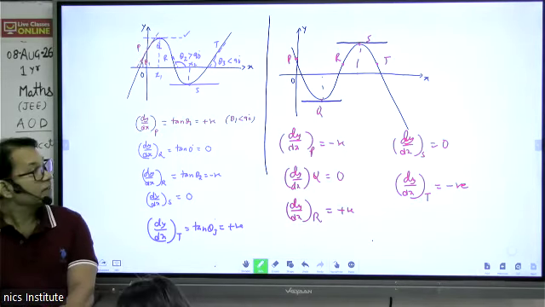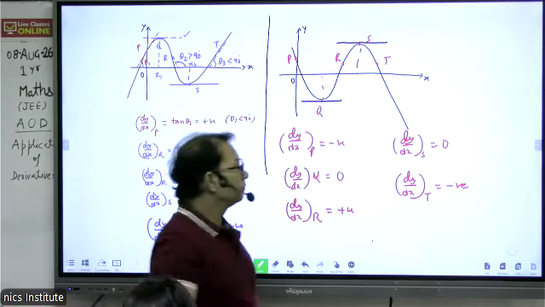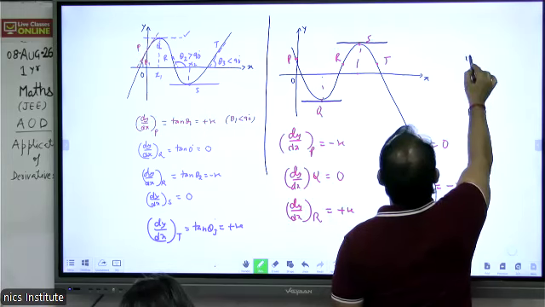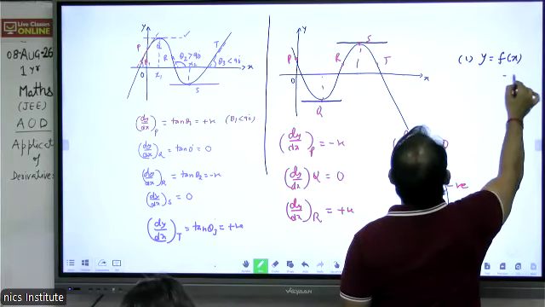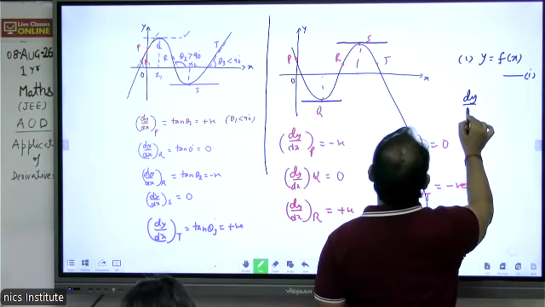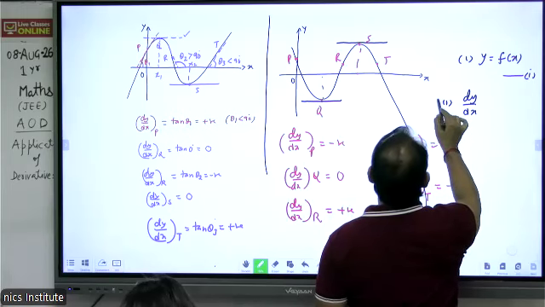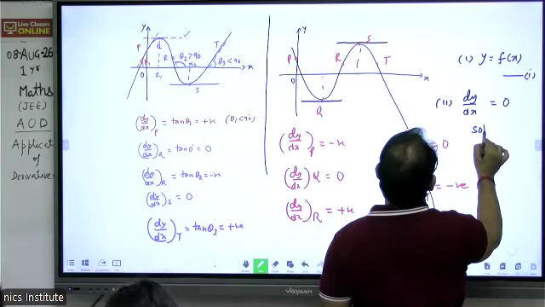So when you differentiate something, suppose you've been given a function y is equal to f of x. If I differentiate this function, second step, I equate it to 0 and I solve for the points.